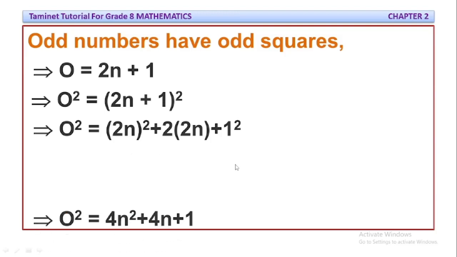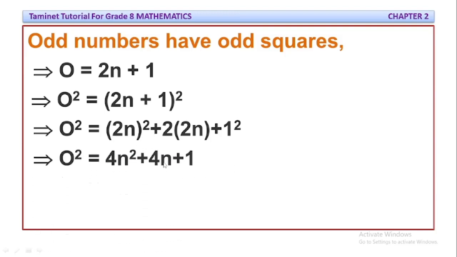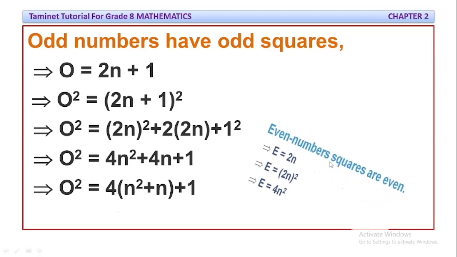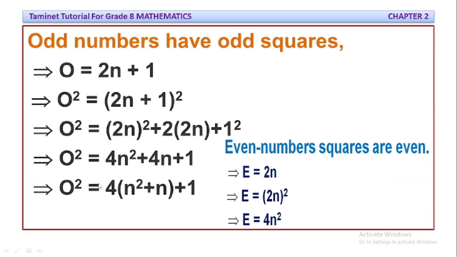So this will be 4n square plus 4n plus 1. You see, still there is plus 1. If there is plus 1, the number is odd. So we can write this formula by taking the common factor 4, as 4 times n square plus n, plus 1. So this is odd. So we can say that the square of any odd number is odd. So this is always true.